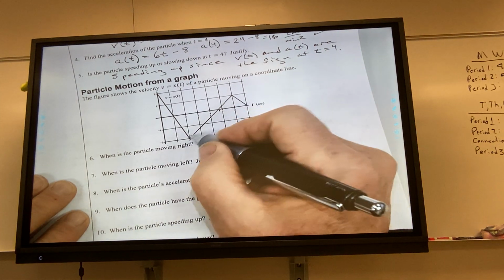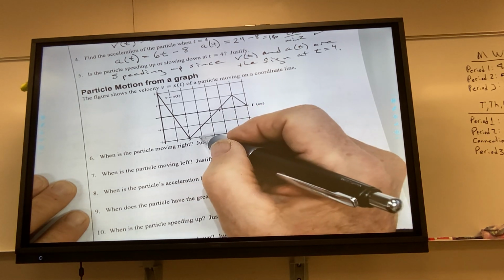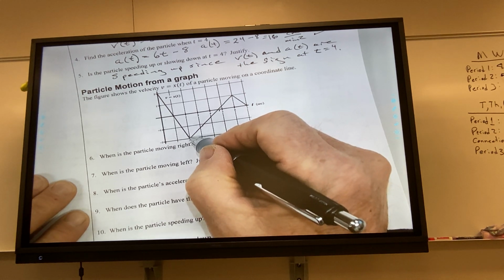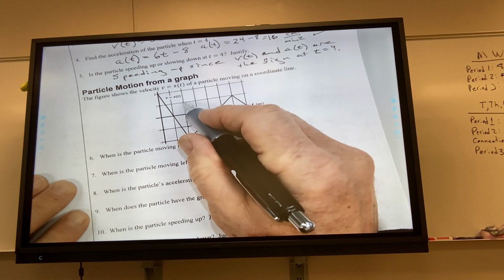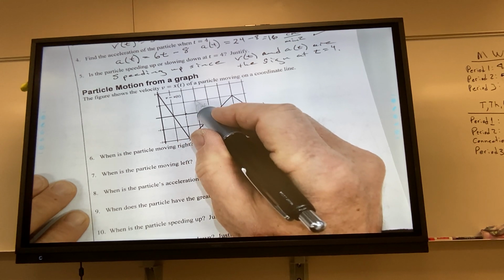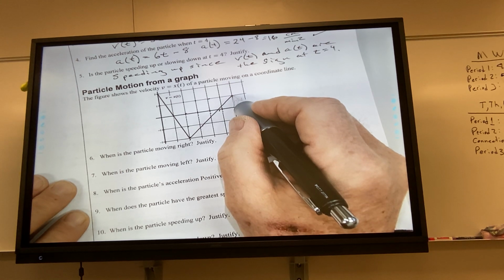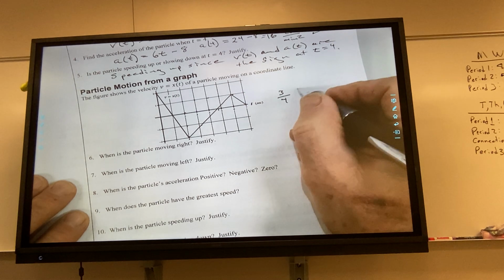This is called a line, okay? It has slope, right? Would you agree? So I can figure out the slope. 1, 2, 3 up, 1, 2, 3, 4 across, the old-fashioned way. So I got 3/4.